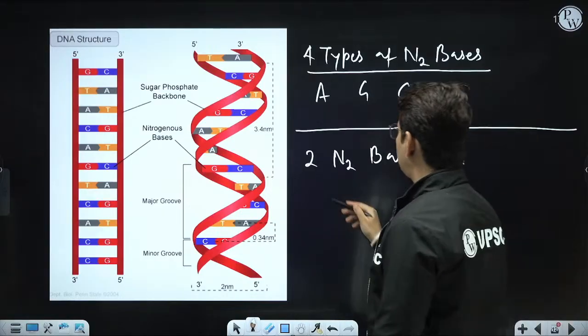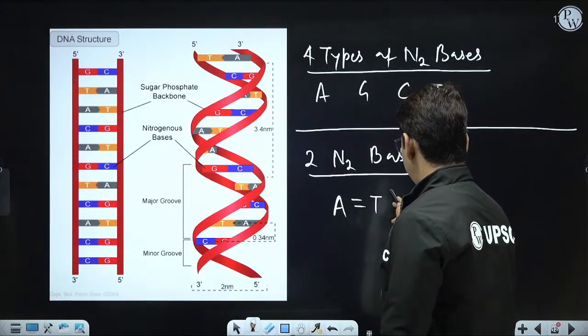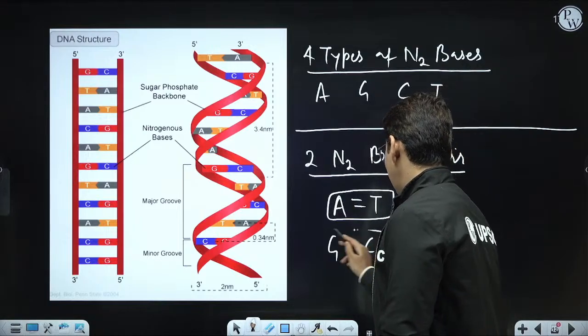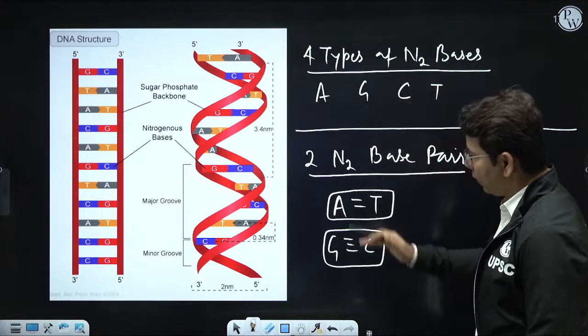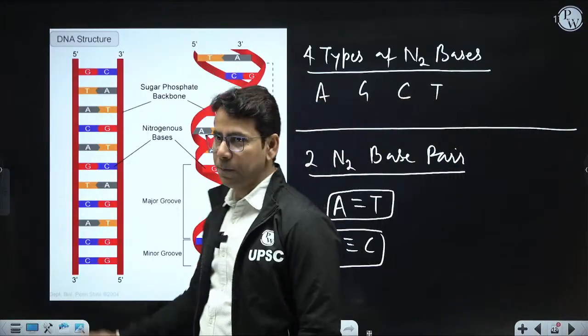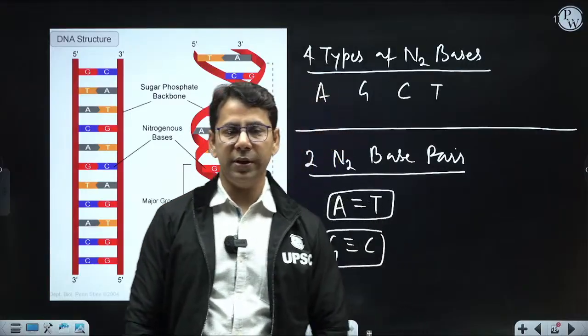What are those nitrogenous base pairs? Adenine, double bond, thymine. And guanine, triple bond, cytosine. So all the information in our body is written in this linear form. This is how it is written.